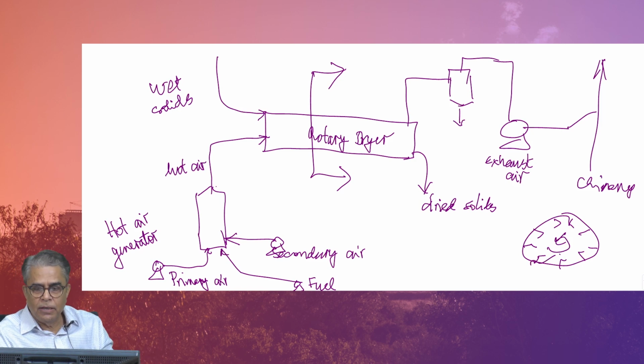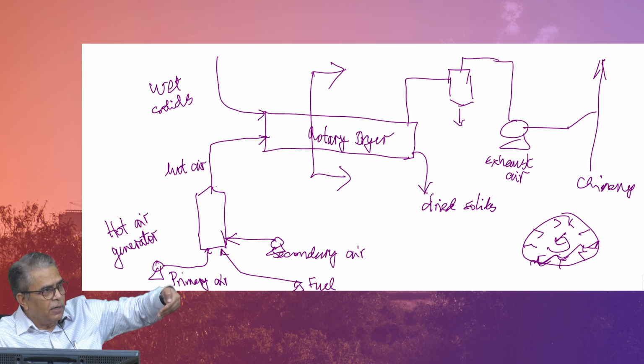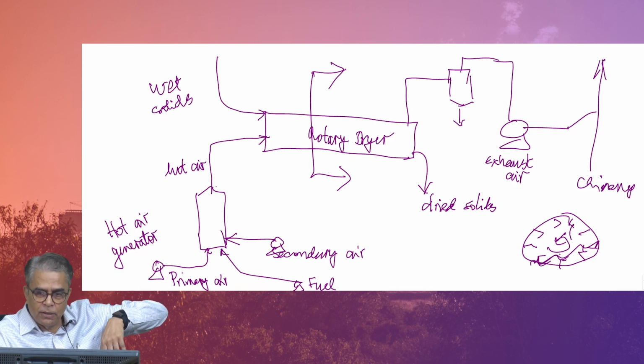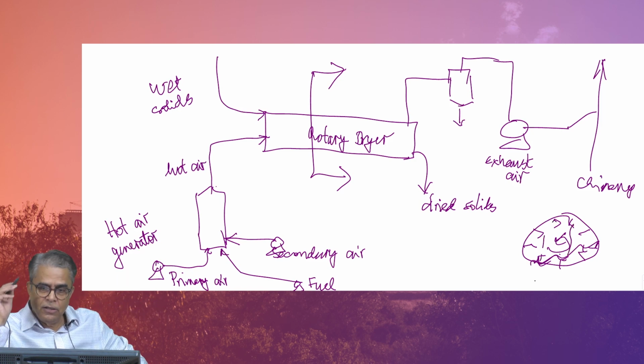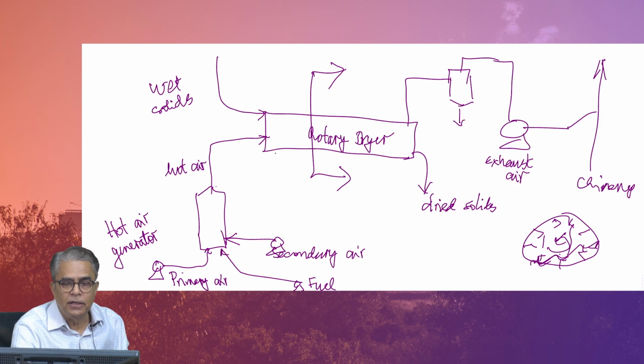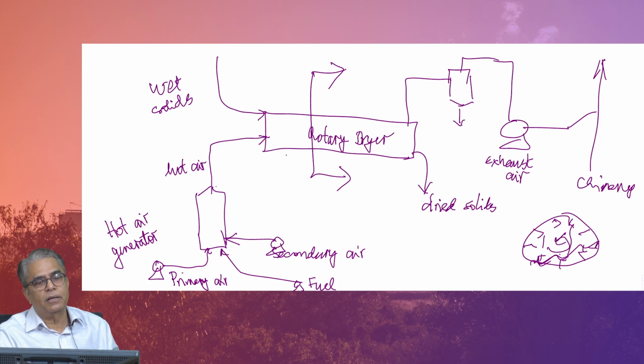So, the solids will be granular solids, and as it goes, some of these flights, they are called flights, small projections, they will take it up, and like a curtain, as it goes up, it will fall like that, and the hot air is just passing through the diameter of this. So, there is some good nice contact between the falling particles and the hot air, and therefore, the mass transfer and heat transfer is efficient and it takes place. Beautifully the solid goes from this end to this end. Co-current or counter-current depends on the nature of the solid.